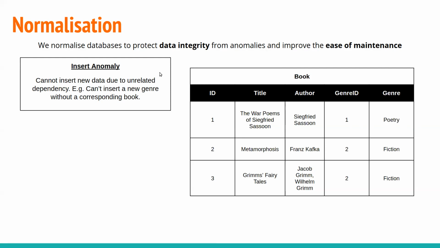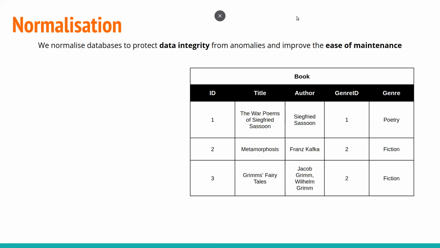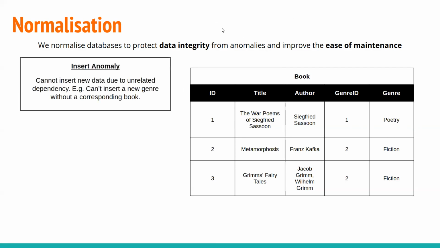For example, let's say I wanted to add a genre to our table. I'm going to click down here. Let's say I wanted to add the genre historical.